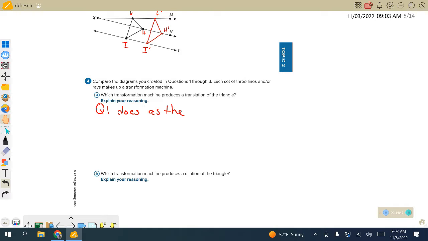So Caleb just said the pre-image and the image are congruent, right? Same shape and same size. So that is a true translation there.